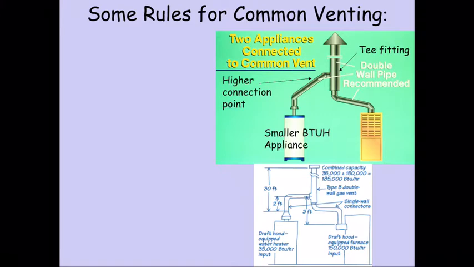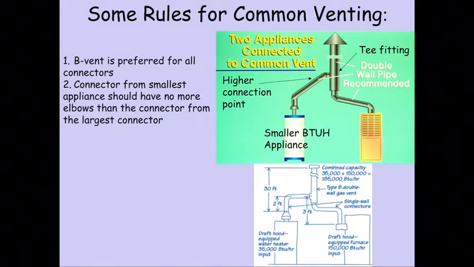So unlike the pictures that I was showing you a little bit earlier, they didn't look quite like that. But that's the rule, is it has to be connected that way. The T-fitting is nice and high. That's all typical. Double wall is recommended. All those things are very applicable, very pertinent on here.